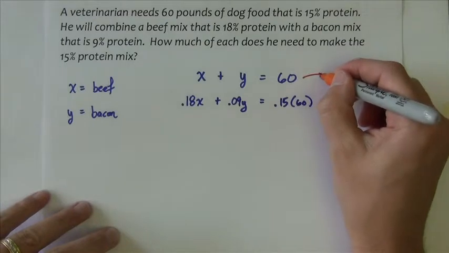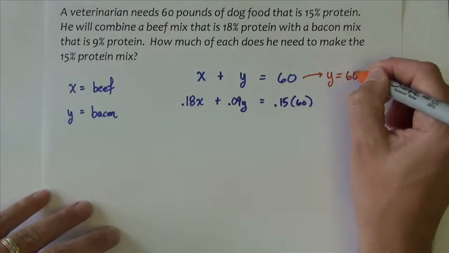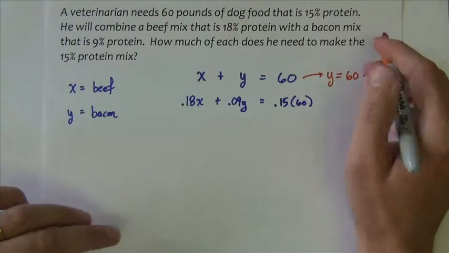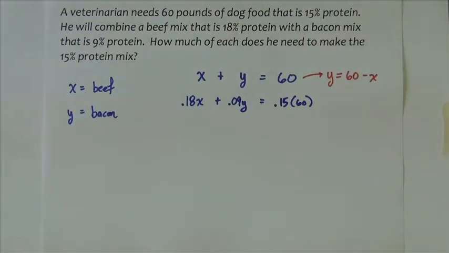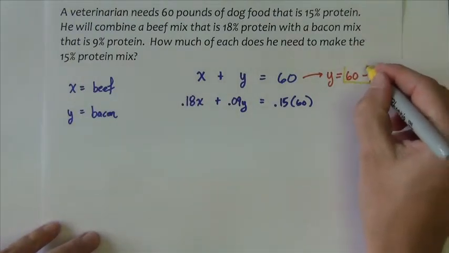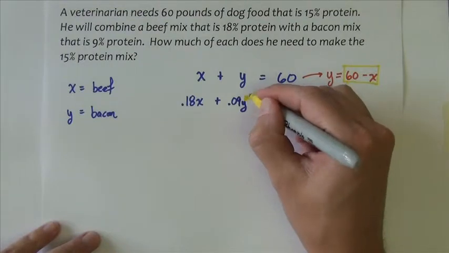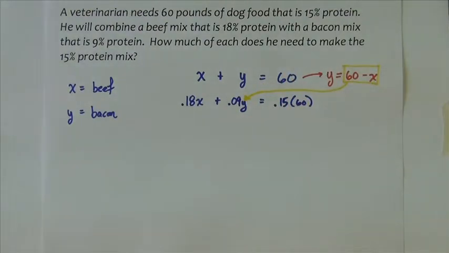I'm going to take this and maybe solve it for y. So y equals 60 minus x. And I'm going to take that 60 minus x and substitute it in for y right there.